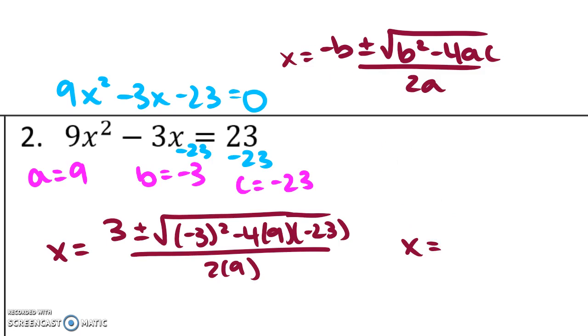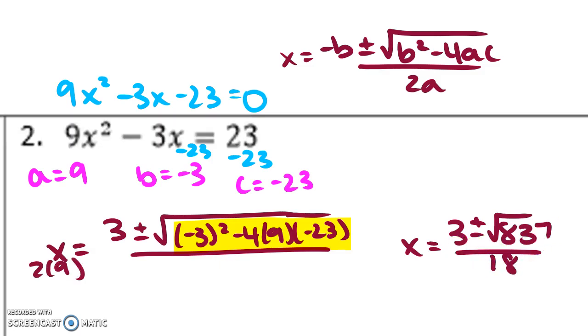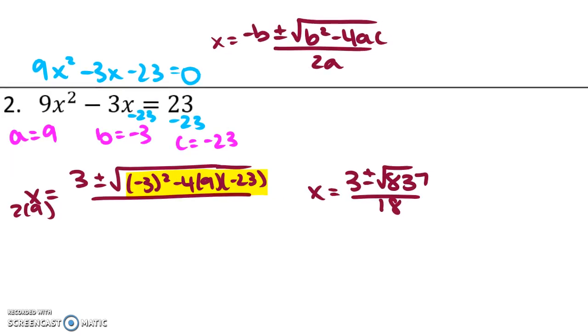When you simplify, remember, just put this stuff that's under the square root in your calculator. You should get 3 plus or minus the square root of 837 all over 18. Now, if you put that in your calculator, you'll be able to see that the square root of 837 is not a perfect square, which means we have to simplify the square root of 837.